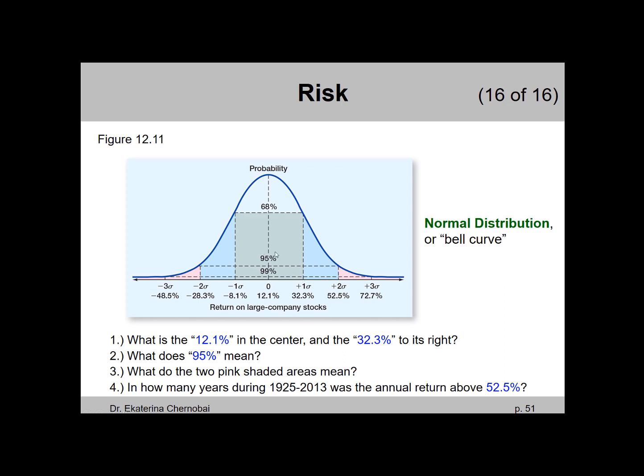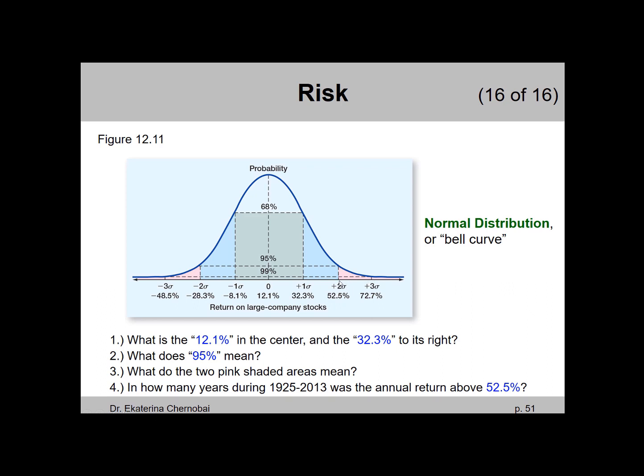So if you take the 5% that remains and divide by 2, we get 2.5%. So to answer question 4, 2.5% of the time over this 88-year time period, the return was above 52.5%.